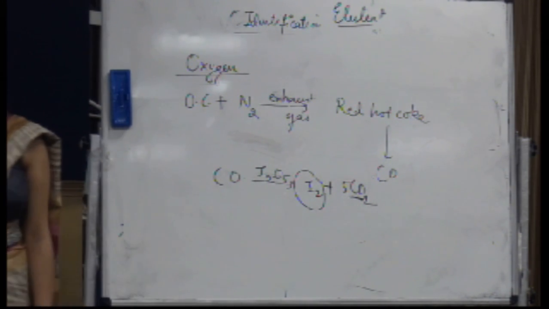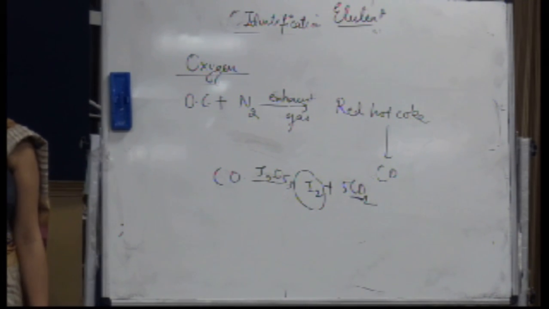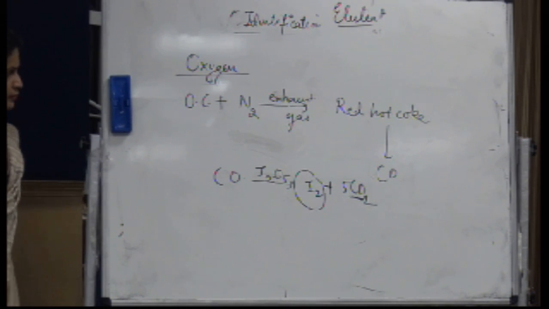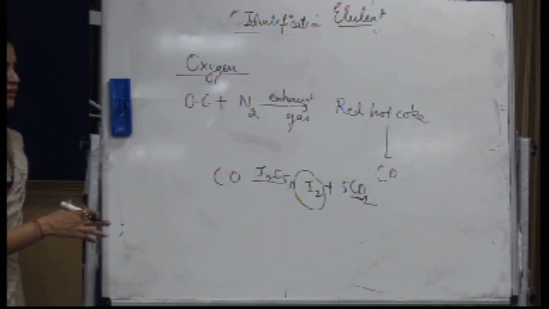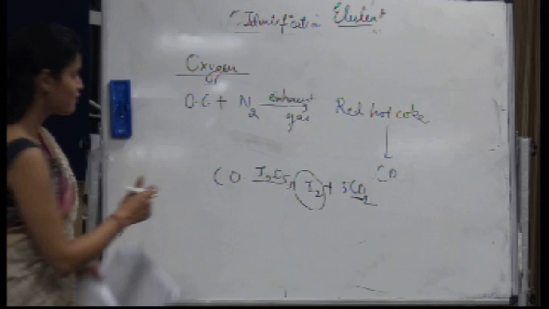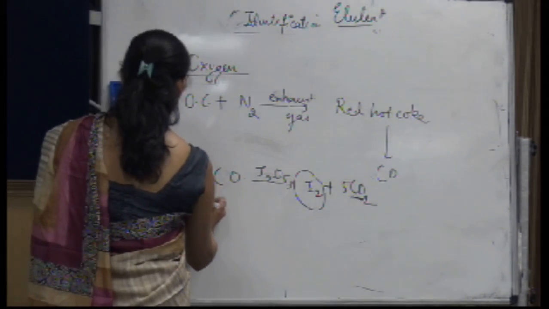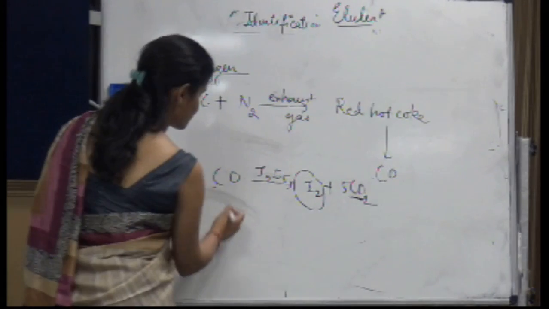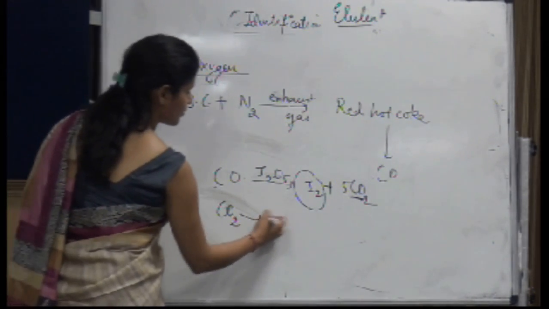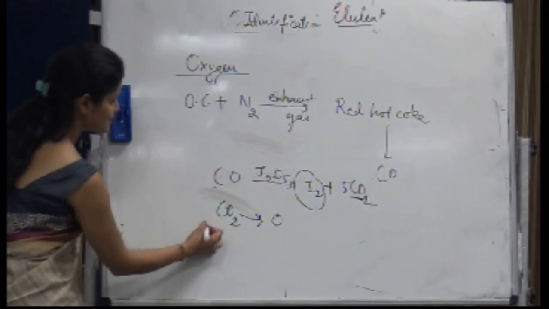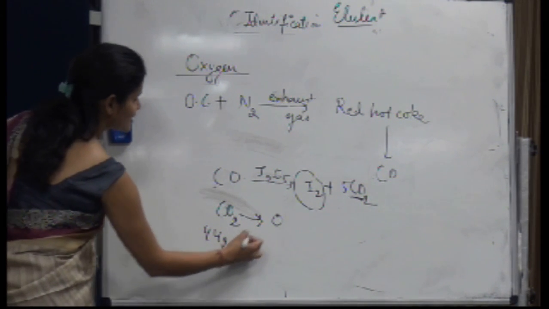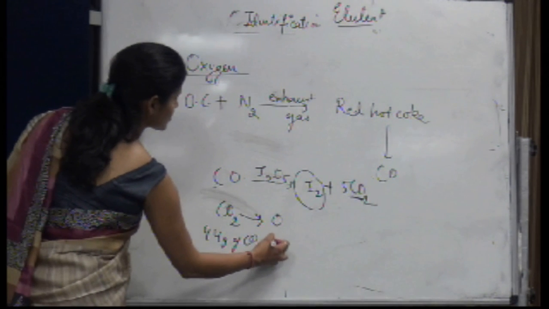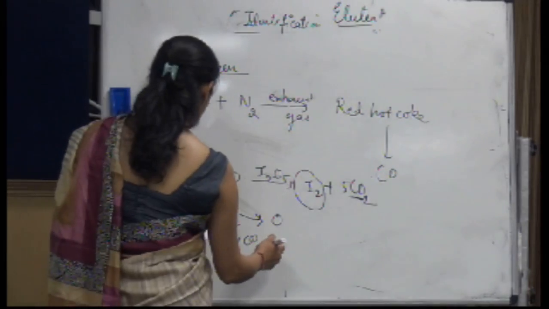This is also a correct way. So again, the numerical is on similar lines. You can find out the amount of carbon dioxide formed from the oxygen. I am saying 44 grams of carbon dioxide would produce how much amount of oxygen?